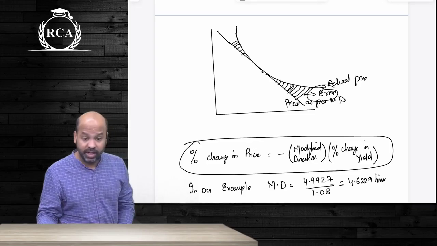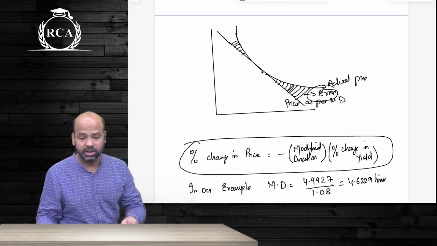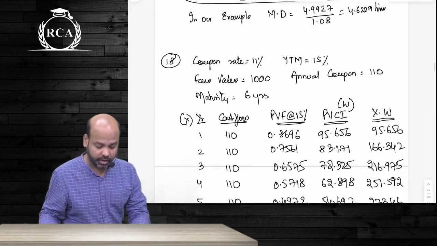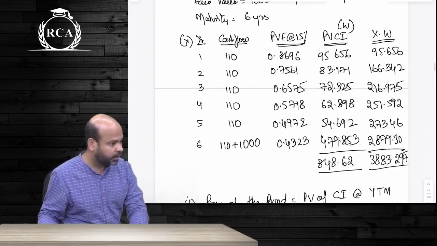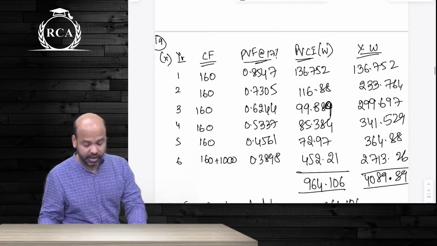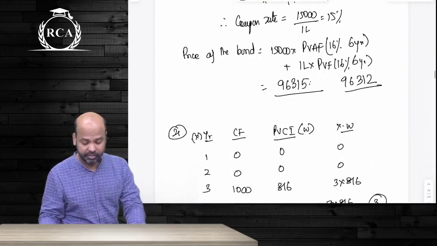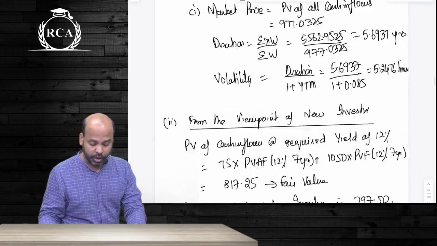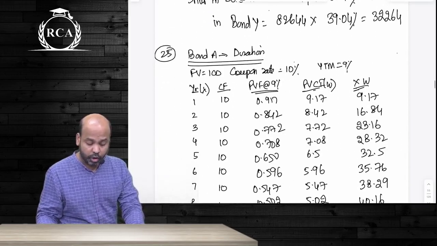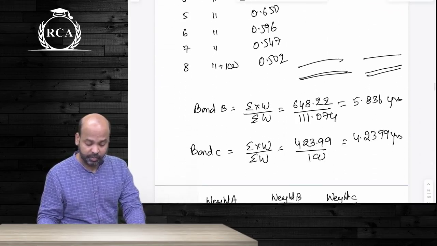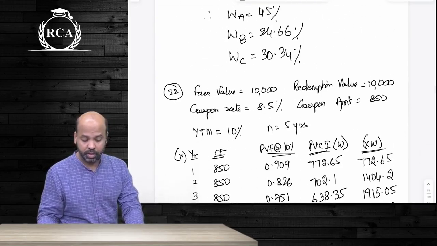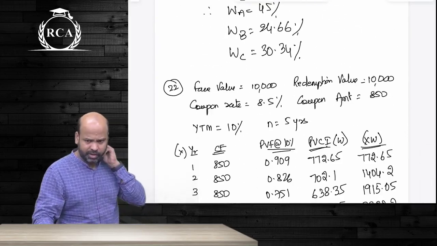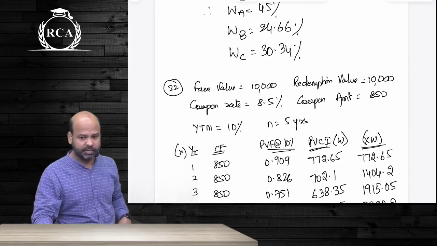To arrive at this error, we have a new concept called convexity. Do you recall that? Convexity basically measures the price difference between actual and the price as per your modified duration. Convexity adjustment, guys, will always be positive.